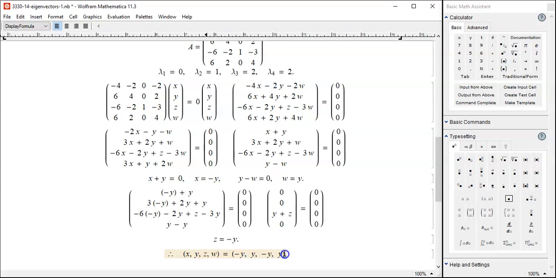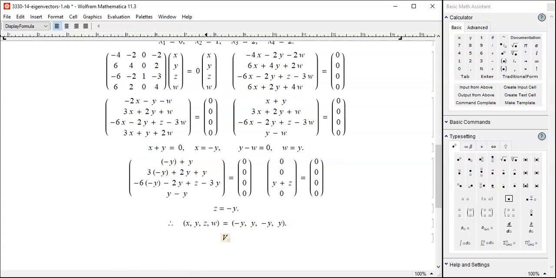Because I need only one eigenvector, but if you want the eigenspace, this is what you need.